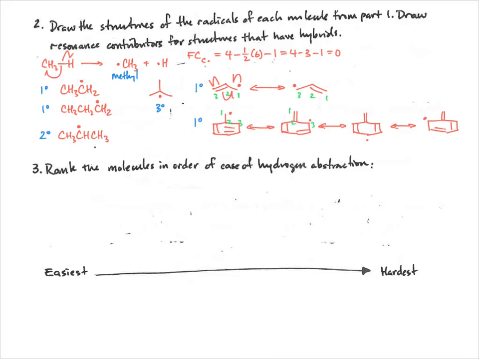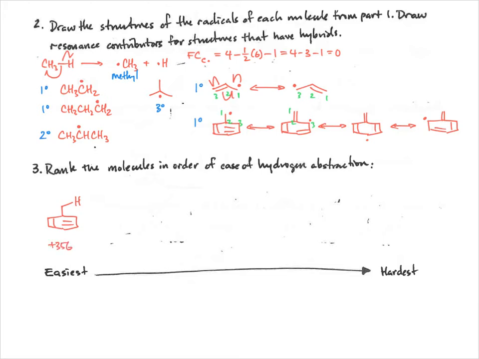So we saw from the table that the methylbenzene had the lowest energy at 356, so that's the easiest. And I'm going to put in the indicated hydrogen that's being abstracted.